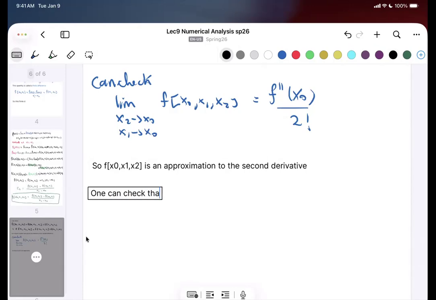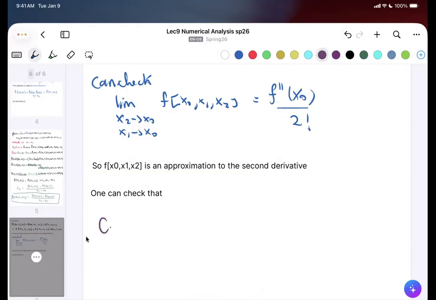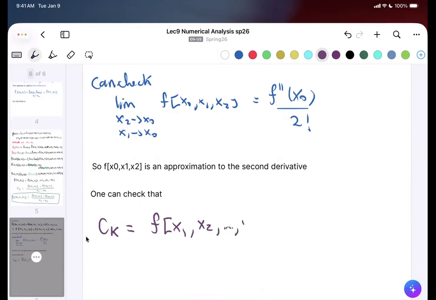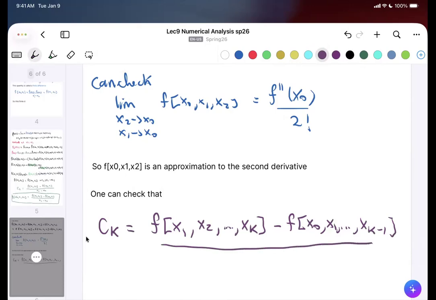So one can check that what I'm calling ck, the kth coefficient, essentially, you delete one of the factors.